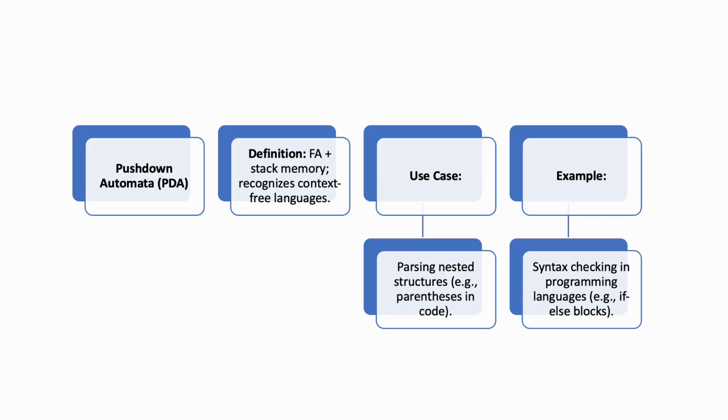This is why PDAs are a fundamental part of tools that analyze and compile your code. They bridge the gap between simple pattern matching handled by DFAs and the more complex grammar rules required for programming languages, making them essential for building robust and reliable software.